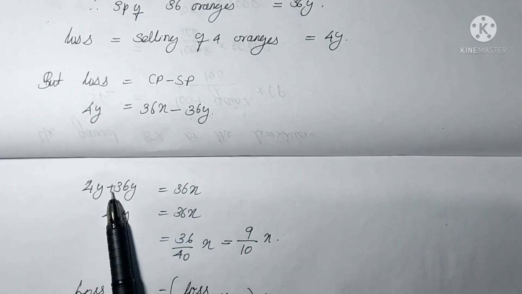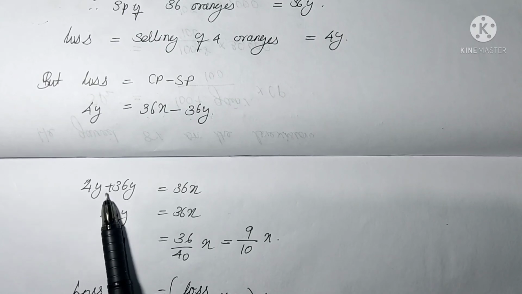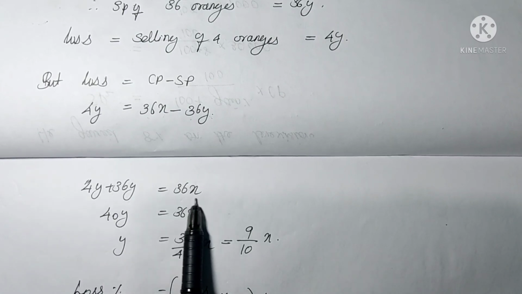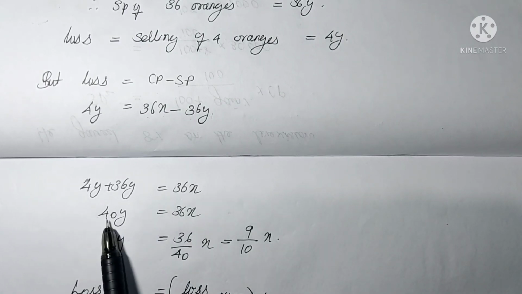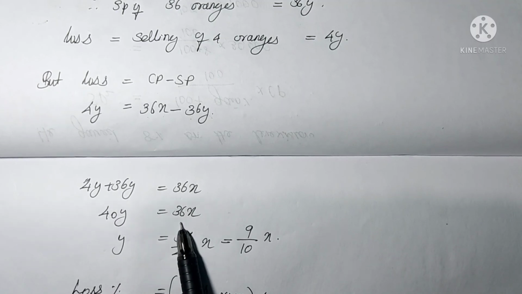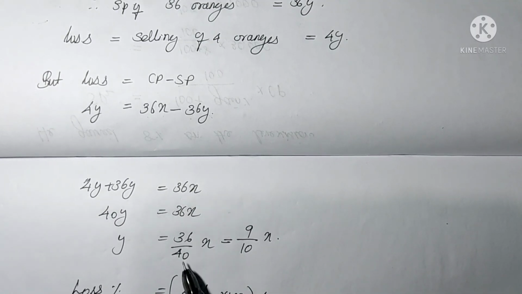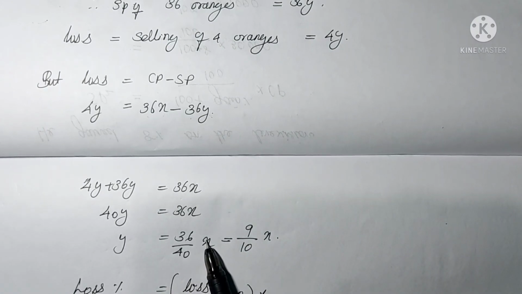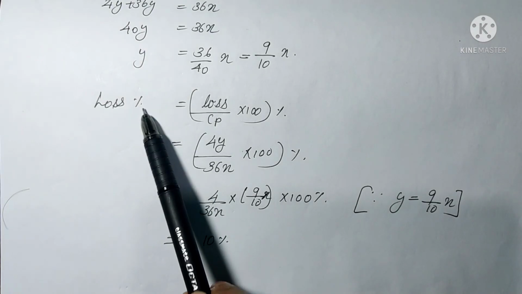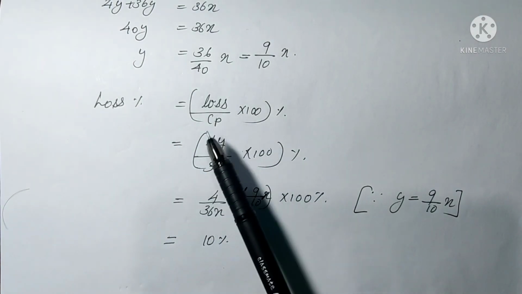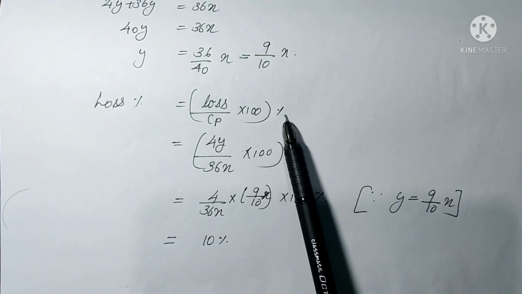Then this negative become positive. 4y plus 36y is equal to 36x. That is 40y is equal to 36x, or y is equal to 36 by 40 into x, which is equal to 9 by 10x. Loss percent is equal to loss by CP into 100%.